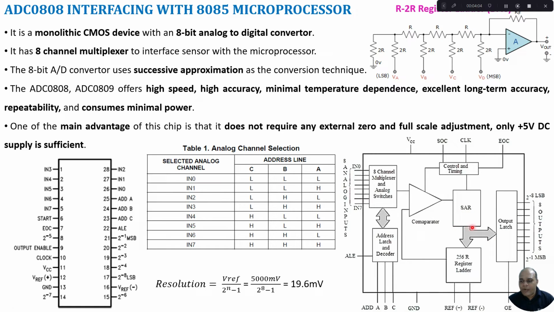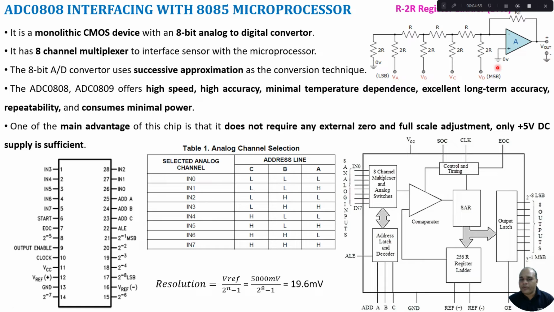Depending upon the successive approximation register content, an analog signal will be generated by this resistor ladder. Here I show a resistor ladder, which is nothing but an R2R ladder type DAC, digital to analog converter. Depending upon the binary value given here, a corresponding analog voltage will be generated.